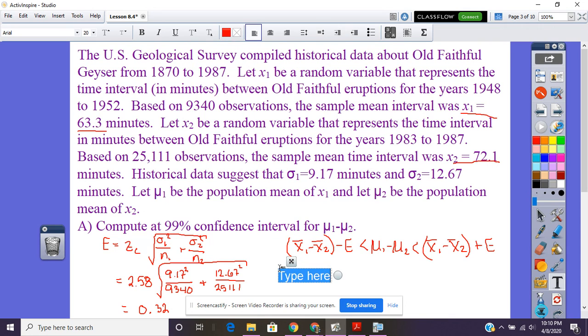All right, so I'm just going to type these specific ones just to help out. So we've got 63.3 minus 72.1, and then minus our error, which we didn't get to be very big. It was 0.32. And then that's going to be that first one. And then over here, we'll have the same thing, except for plus. So 63.3 minus 72.1 plus our 0.32.